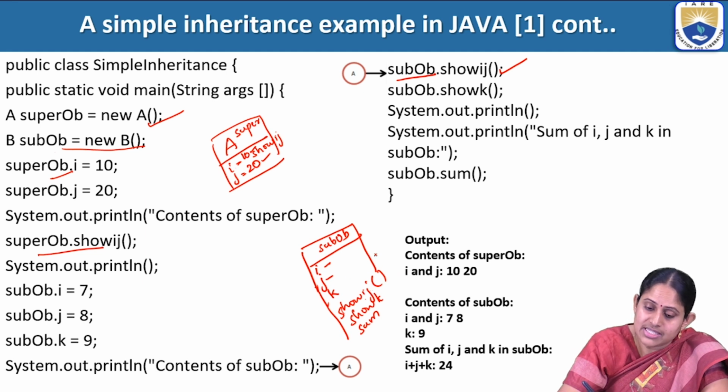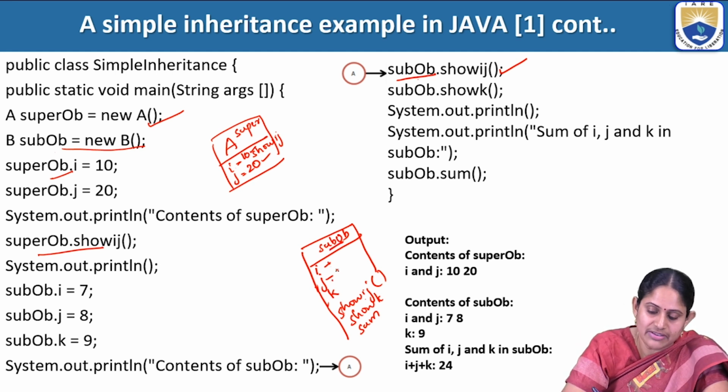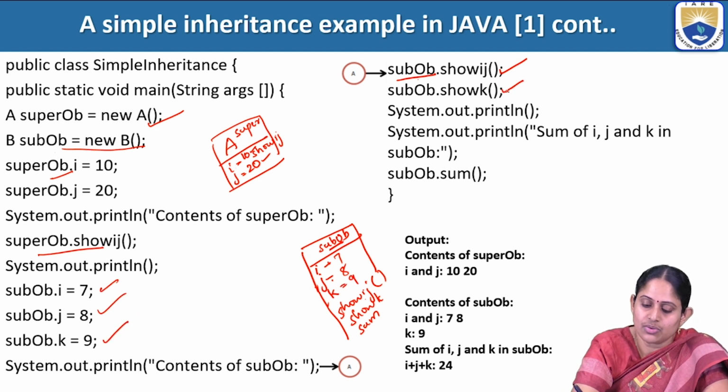When you call show ij on sub OB, it will display the i and j values of sub OB, which is 7 and 8, as initialized here, and k is set to 9. And then when you call show k, it will display 9. So you get these two lines.